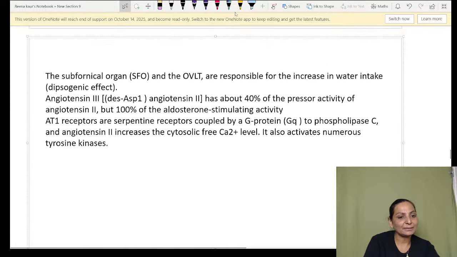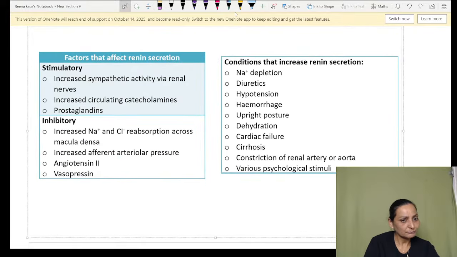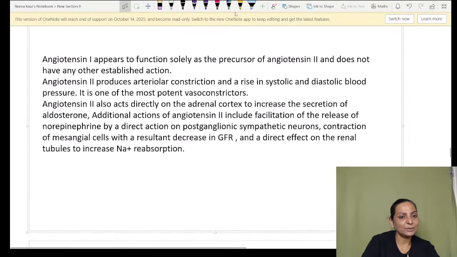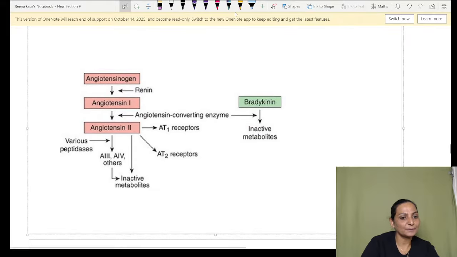Now you know that this renin will act as an enzyme and convert angiotensinogen to angiotensin 1, which will be converted by angiotensin converting enzyme, that is ACE, coming from the lungs, into angiotensin 2, which can also be converted to 3 and 4.